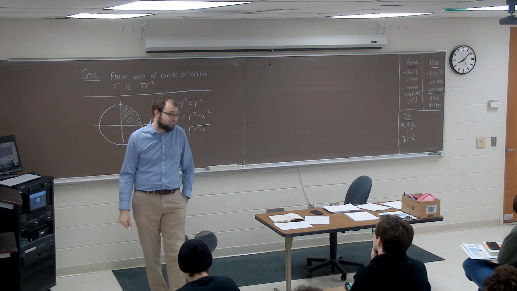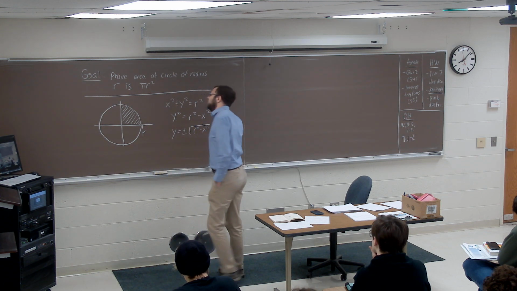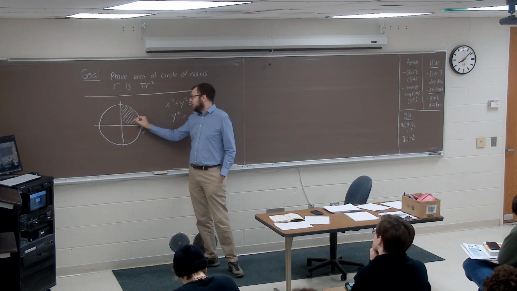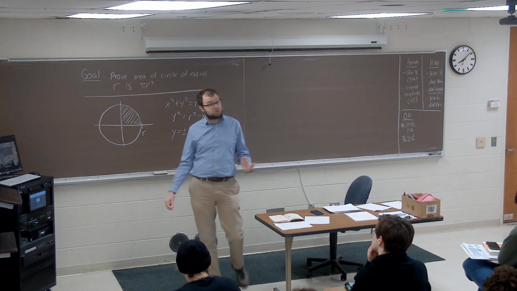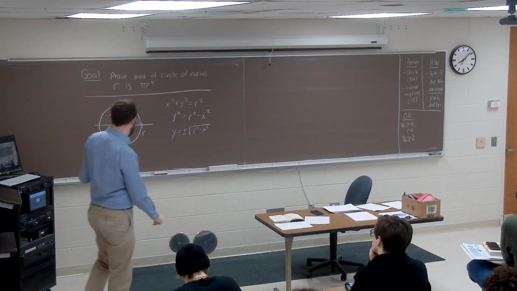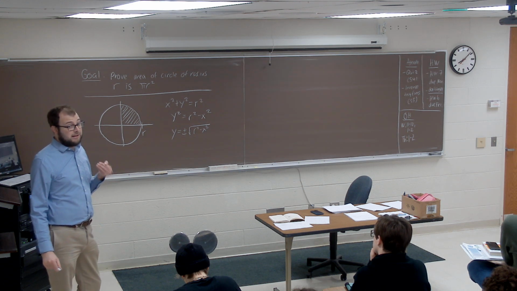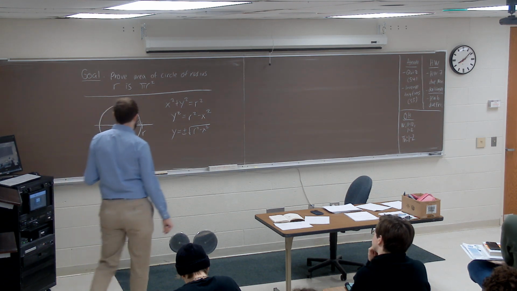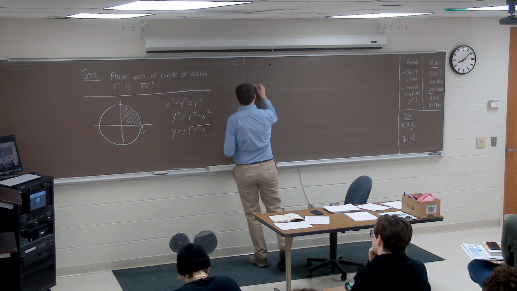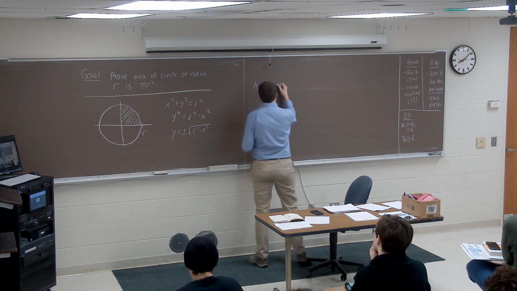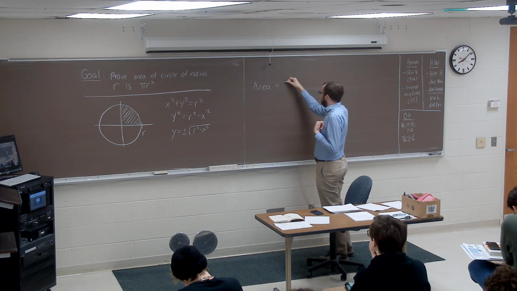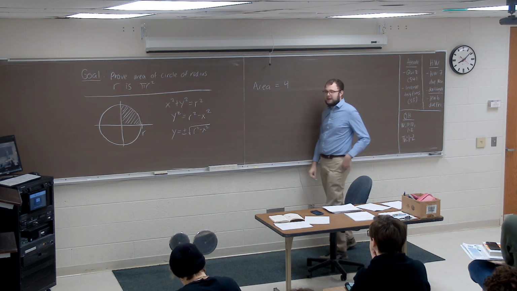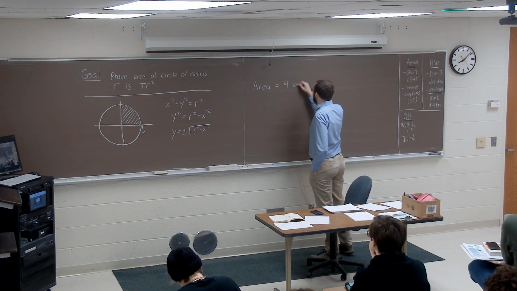Due to the symmetry of the circle, if we can find the area of the circle that's in quadrant 1, the top right quarter of the circle, and quadruple that, it should give us the area of the overall circle, which would tell us that our area should be equal to 4 times the area of the top right quarter.